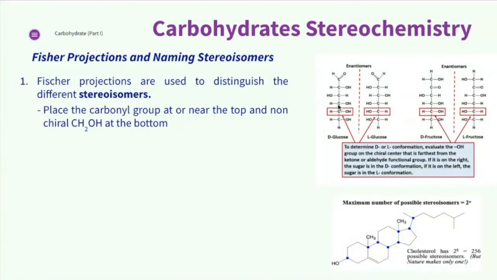So if you look at this Fisher projection, the carbonyl group is placed at the top here. Okay, and then at the bottom you will have the non-chiral CH2OH carbon in here.